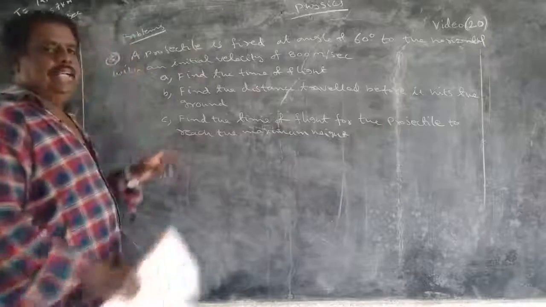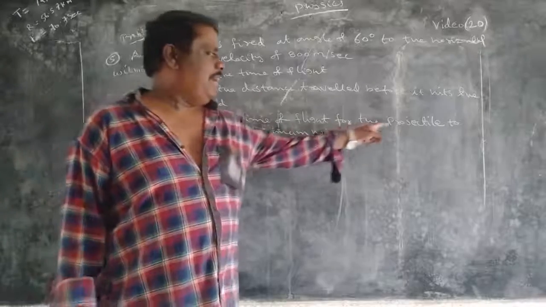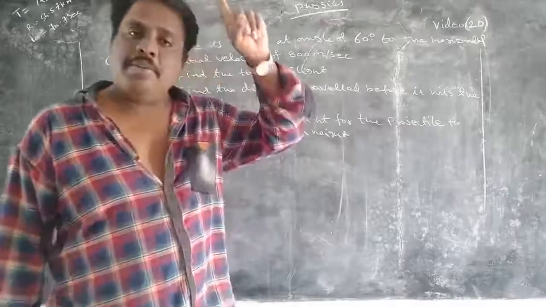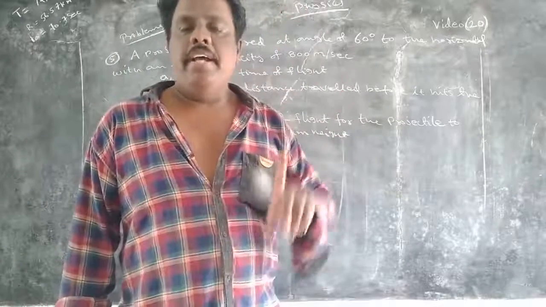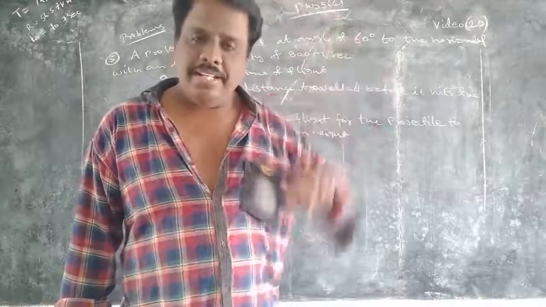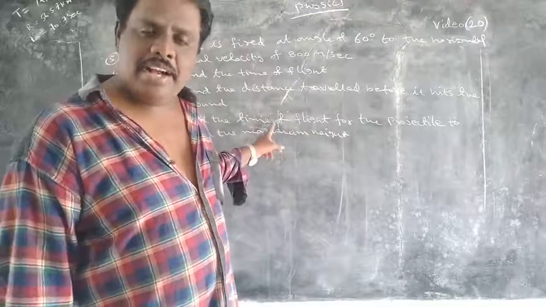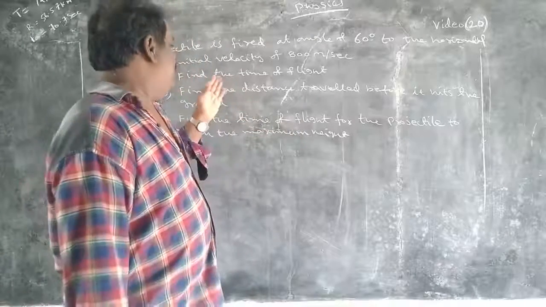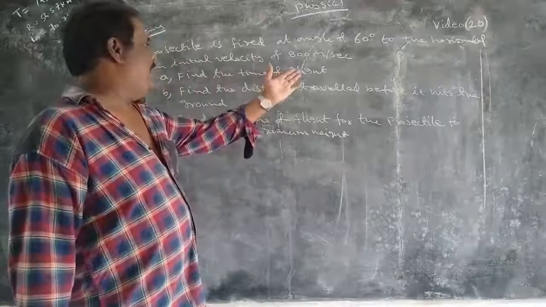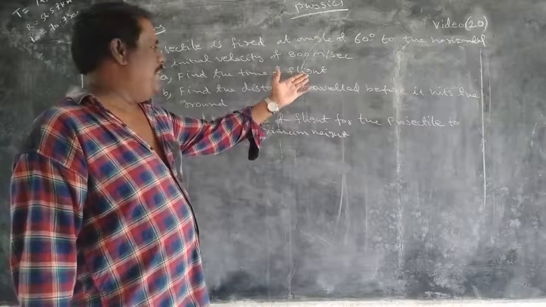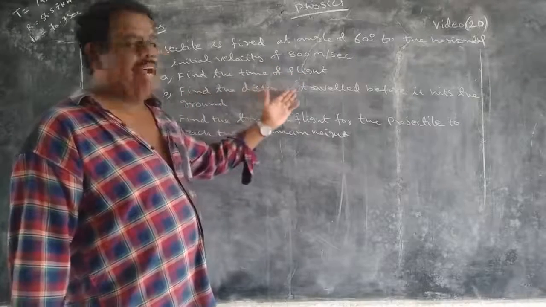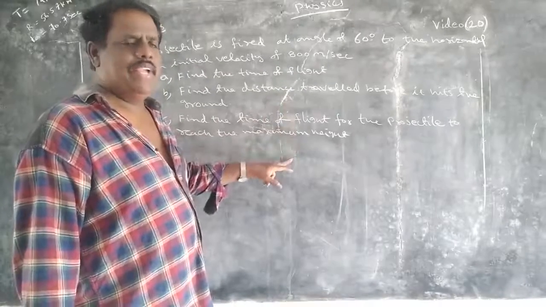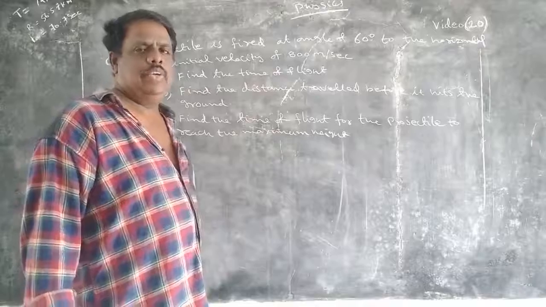So once again, read the C case. Find the time of flight for the projectile to reach the maximum height. That means time taken to reach maximum height from the point of projection is nothing but time of ascent. So in C case, they ask us to calculate the time of ascent. In A case, find the time of flight. In B, find the distance traveled, that means range. That means time of flight, range, and the time of ascent. Totally 3 cases we have to solve.